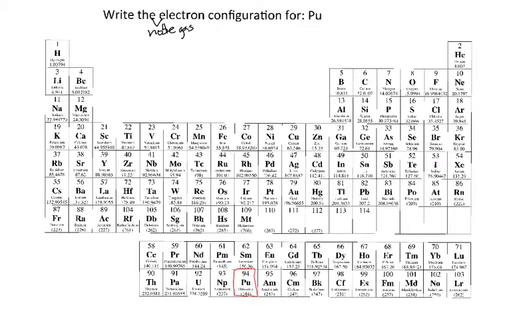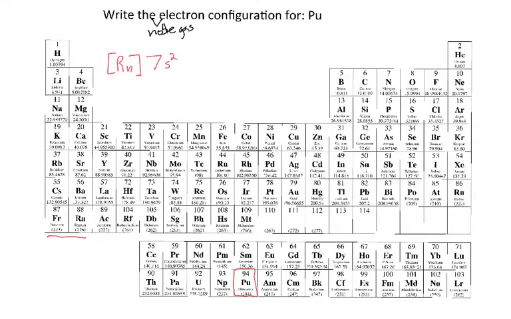So I'll start my electron configuration by writing radon. Then the next electrons that I come to are going to be the 7s's, and they're full, so 7s2. Now note that the lanthanides and actinides are a little bit weird. So after element 88, I come to element 89. And notice 89 isn't in the f block, it's still in the d block.